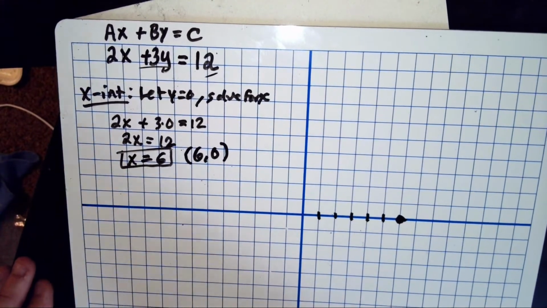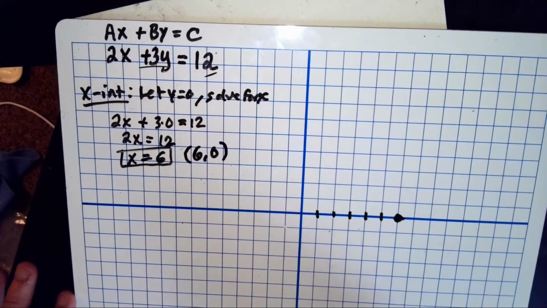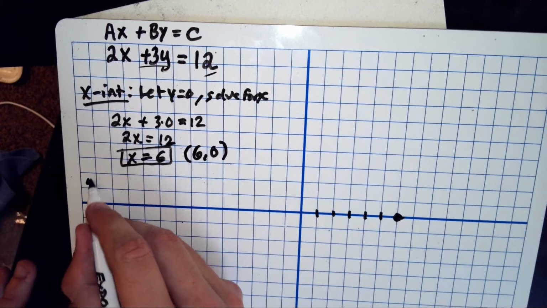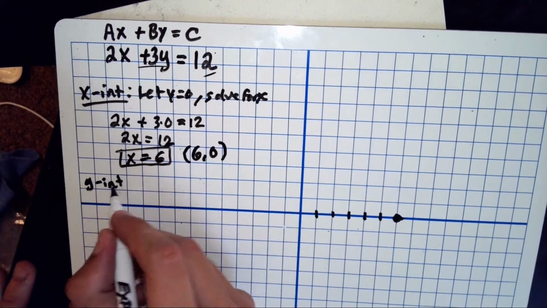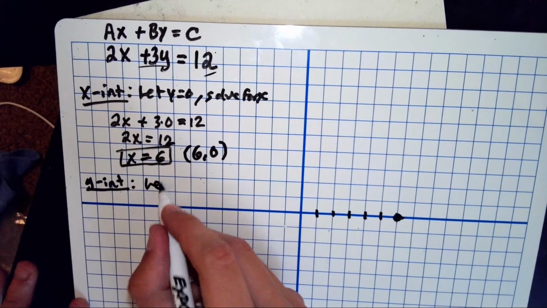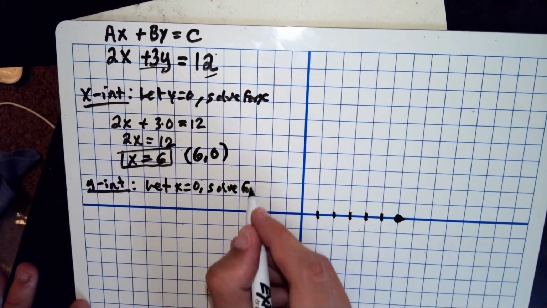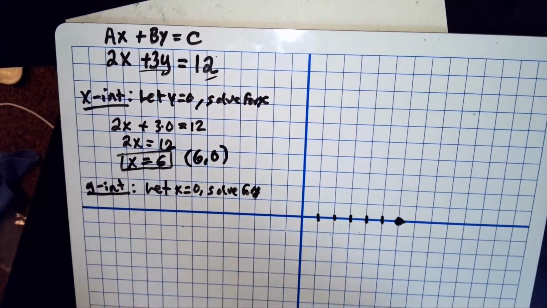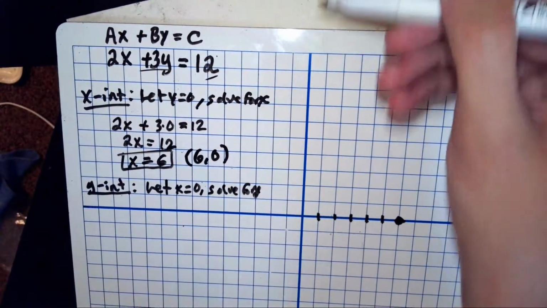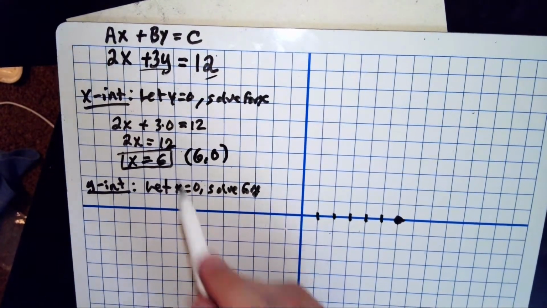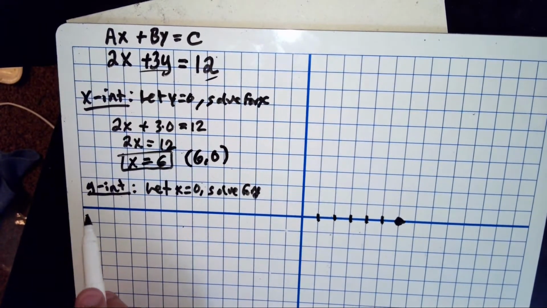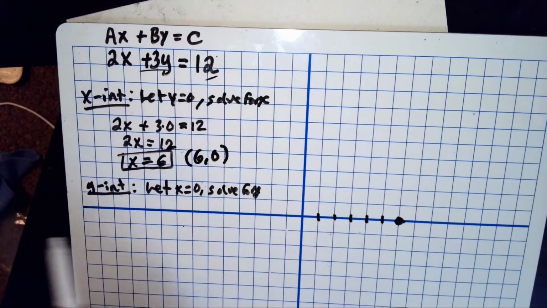Now we're going to do a similar process to give us the y-intercept. So for the y-intercept, we let x equal 0, solve for y. That's because every point on the y-axis has an x value of 0, just like with the x-intercept, every point on the x-axis has a y value of 0.